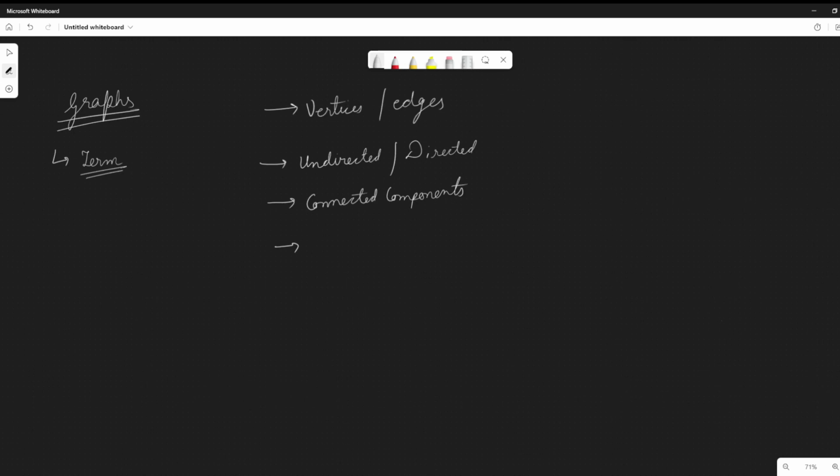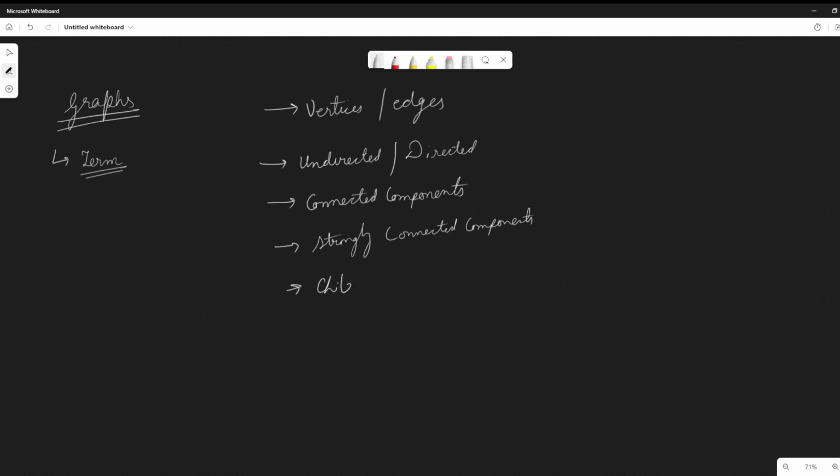And the next part will be strongly connected components. And last, we will talk about height. Actually, this is one of the questions, height of the tree. So we will deal with that later.